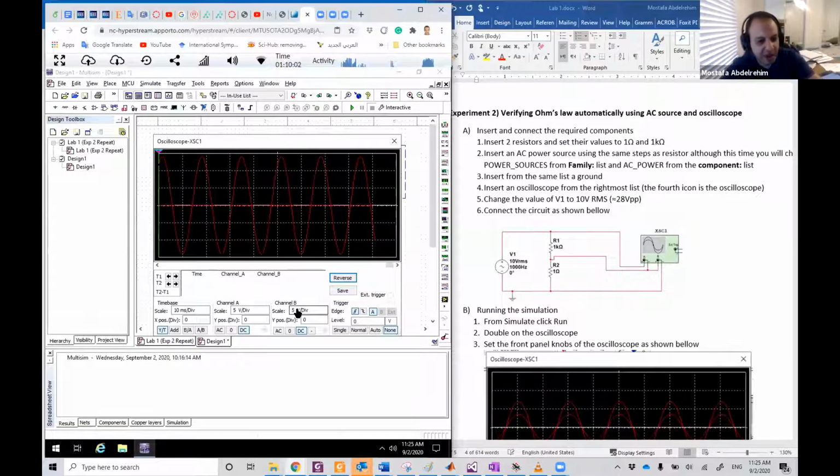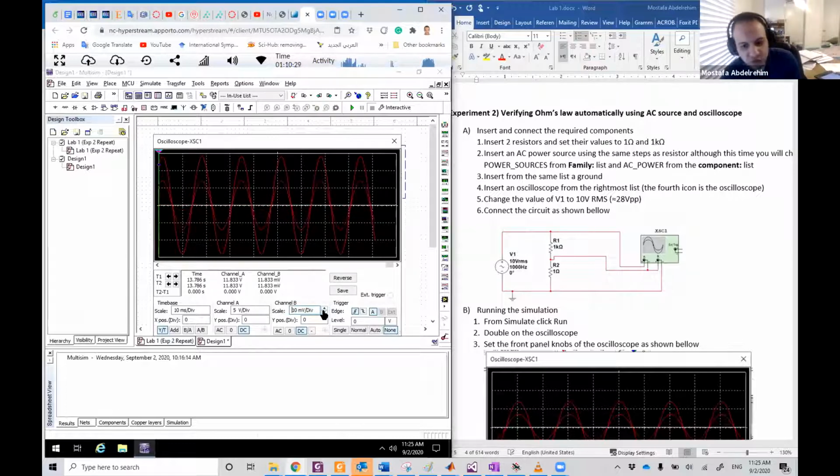Now we play with control knobs on the front panel here, this is the front panel of the oscilloscope, just like any other oscilloscope, to show the signals in a better, more convenient way. So we know that the second signal is on channel B. So we just change the voltage per division. Okay, so decrease it. Look.